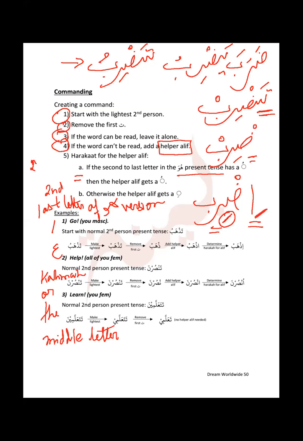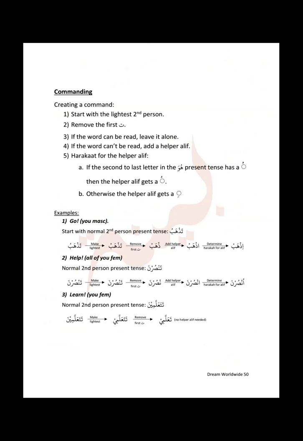So from daraba yadribu tadribu, the fi'l amr is idrib. Is that clear? Is this process understandable? Yes. Okay.